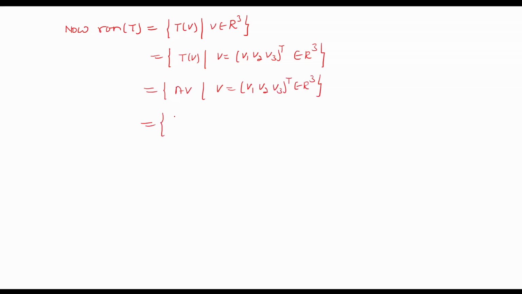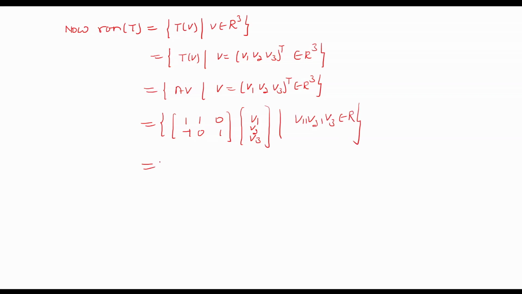Now this is equal to A times V, what is the A matrix? [1, 1, 0; minus 1, 0, 1], and V is (V1, V2, V3), where V1, V2, V3 belong to the real numbers, because this vector belongs to R cube, meaning each component is real.